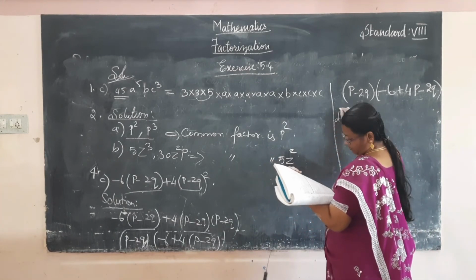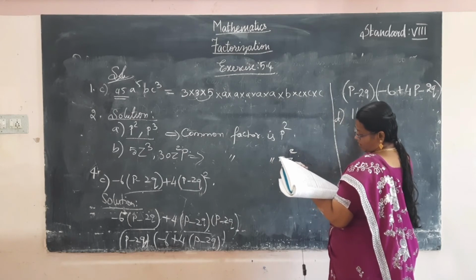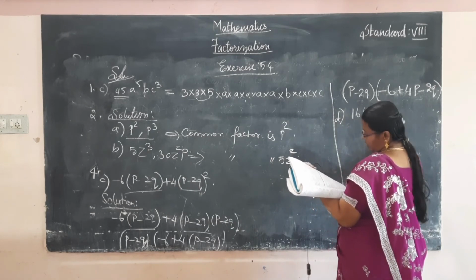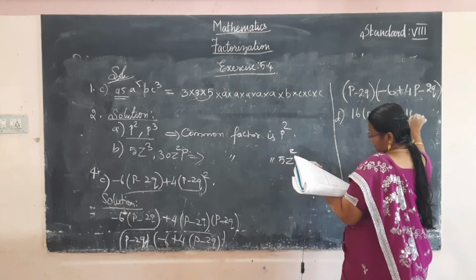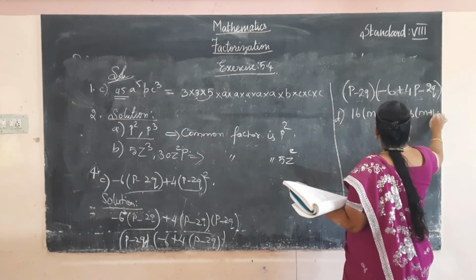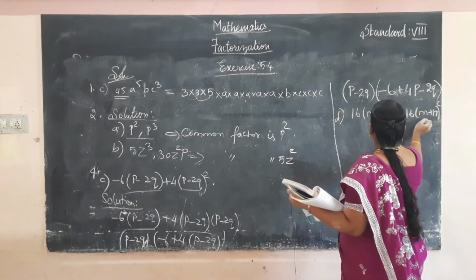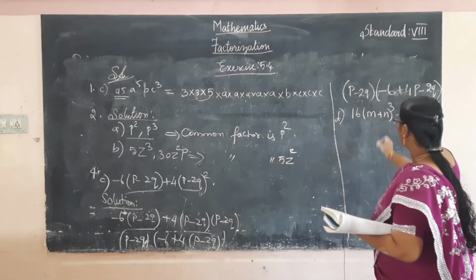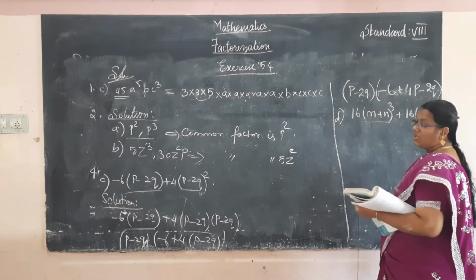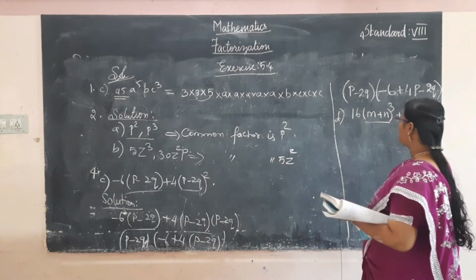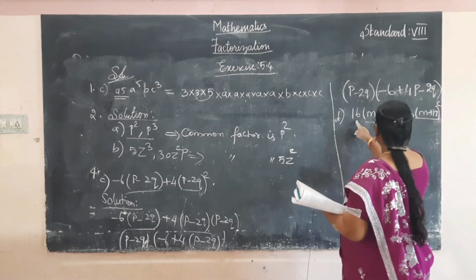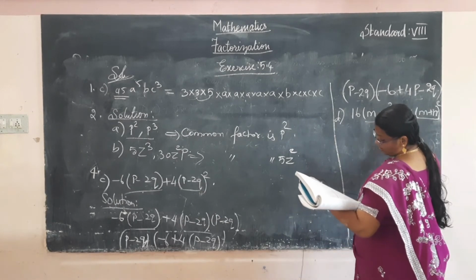And D, 16 into m plus n cube plus 16 into m plus n the whole square. Here m plus n the whole power 3, here m plus n the whole square. So common factor is m plus n the whole square. Here 16, here also 16 is given.